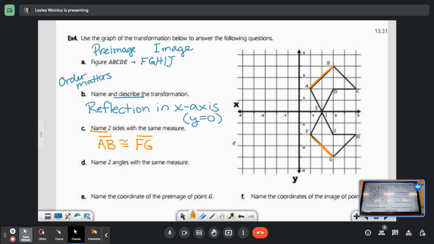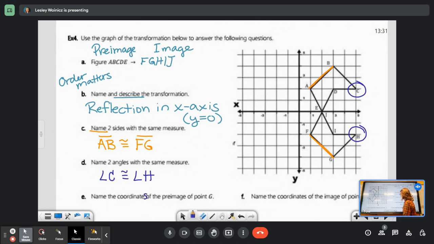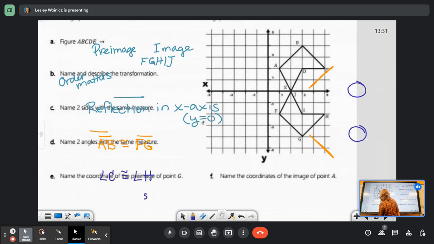Now I have to name two angles with the same measure. I like these two right here. Look at those. So I have to say their names. I'm going to say angle C is congruent to angle H. All right, we want the coordinates of the pre-image of point G. Oh, goodness gracious.